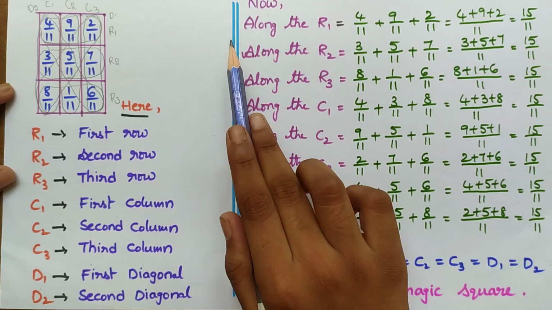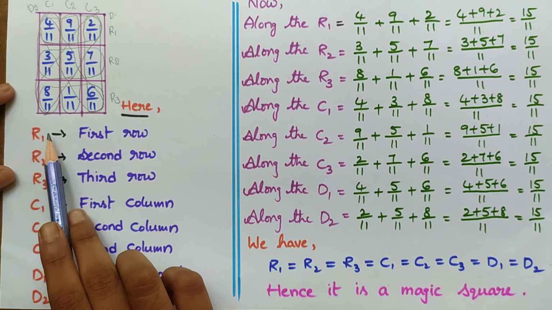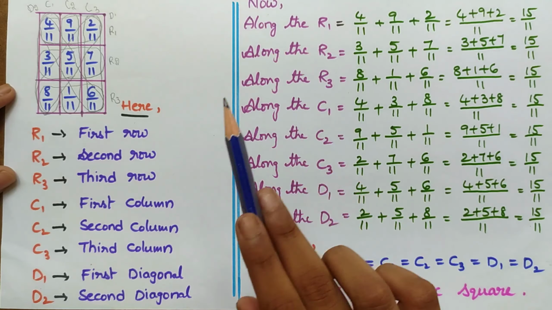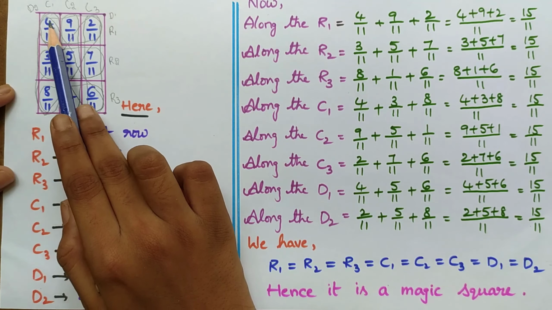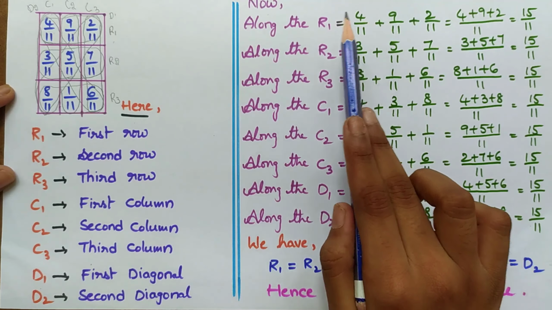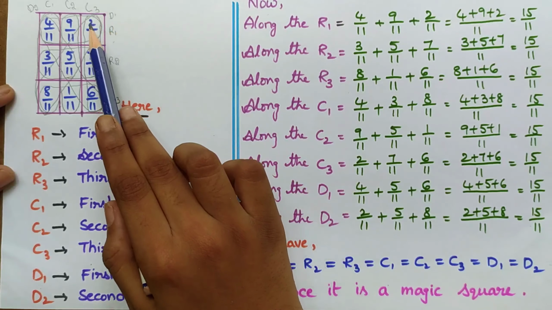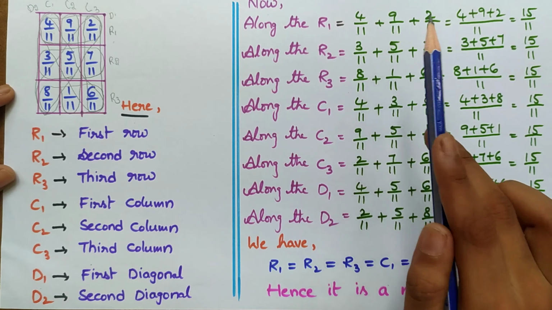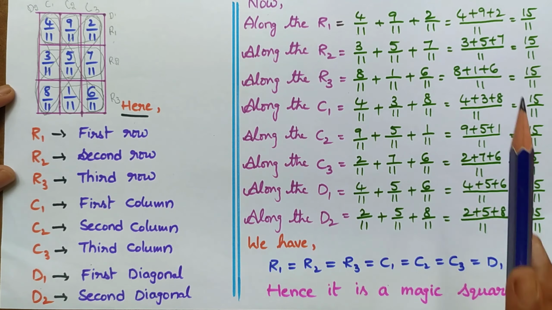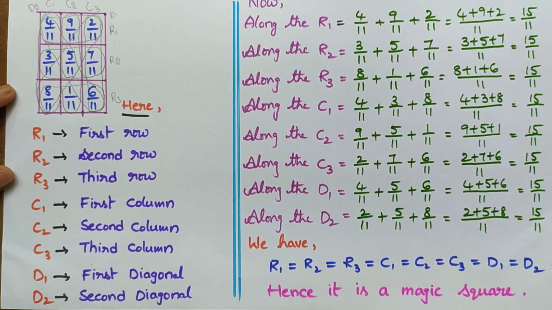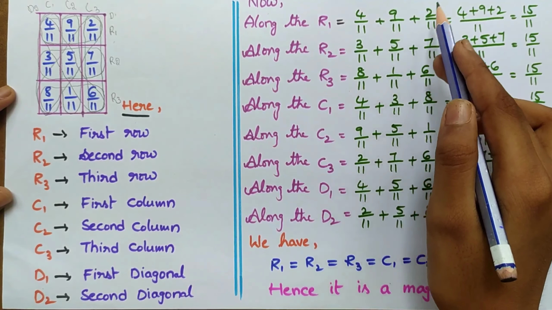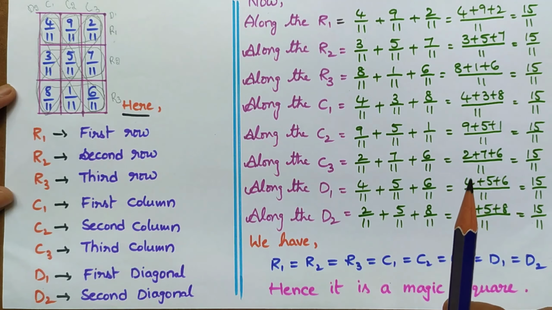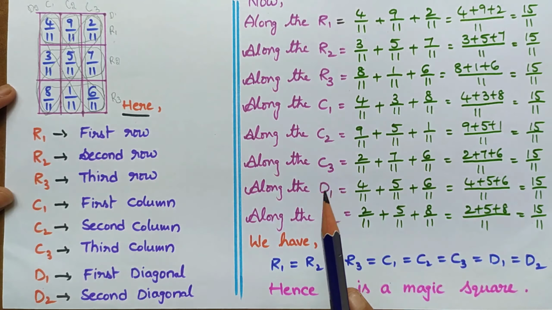Now along R1, that means the numbers in R1, the first row, we have 4 by 11, 9 by 11 and 2 by 11. So 4 by 11 plus 9 by 11 plus 2 by 11 is equal to, as they are like fractions, like fractions means the denominator should be equal.